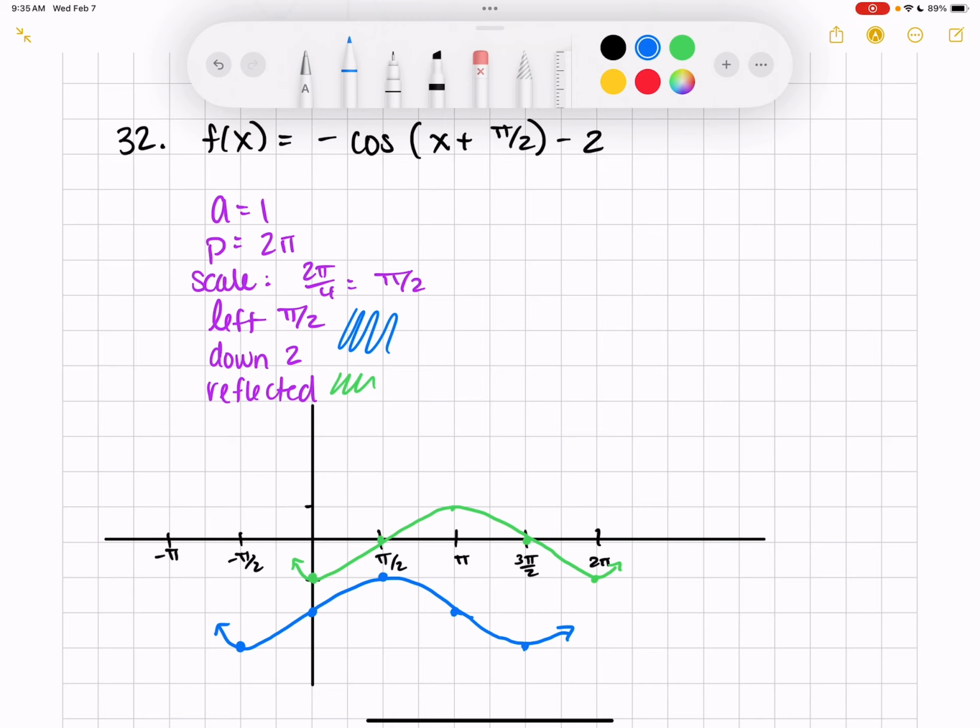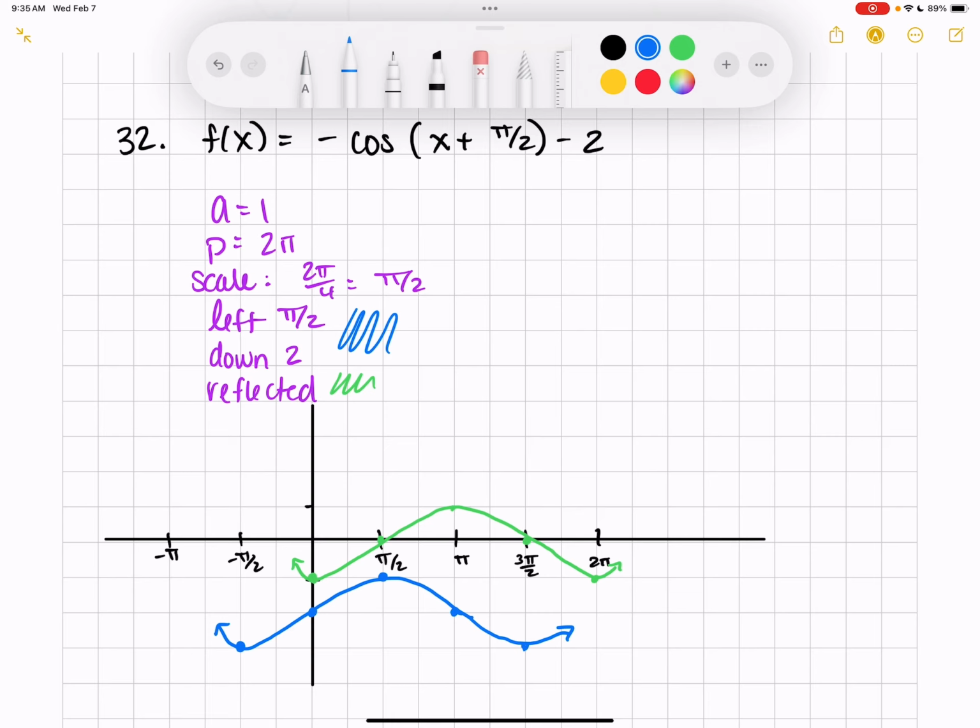What is our amplitude for this graph? 1. What's the period? 2 pi. Scale? Pi over 2. And what about shifts? Left pi over 2. Anything else? Down 2. And what else is happening?